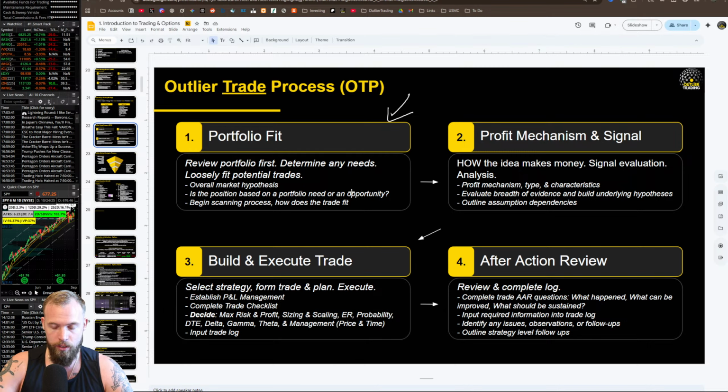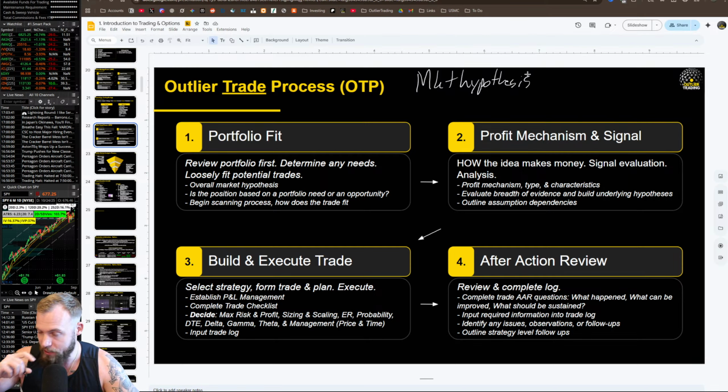What this step is, is understanding what my portfolio currently is, and then whether it needs anything, or if I'm free to speculate. This first step includes checking a couple really important diagnostics. Some of the stuff that's going to go into assessing portfolio fit and need is that we need to understand, overarching, what our idea is. So what's our market hypothesis?